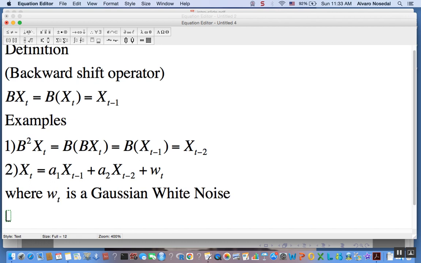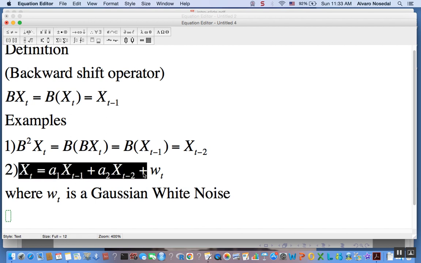Now let's apply the backward shift operator to rewrite the AR2 process. Here we go. Let me copy paste this.